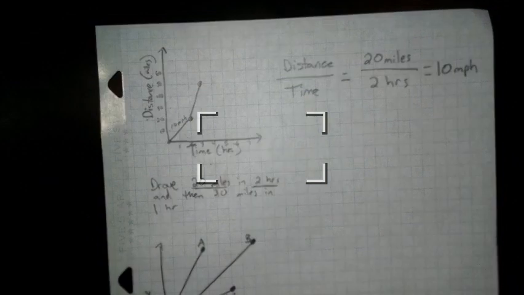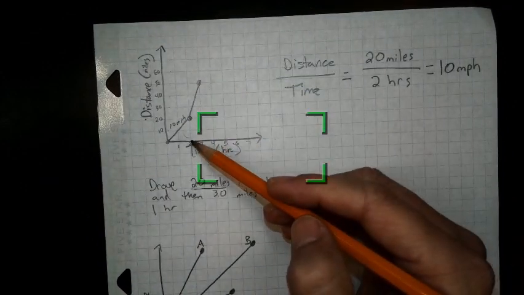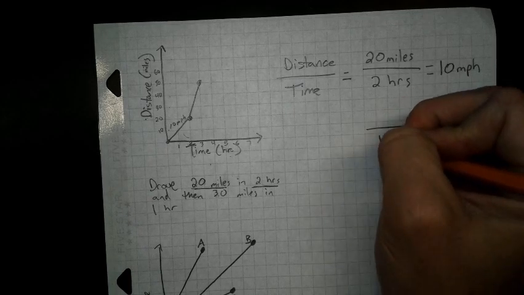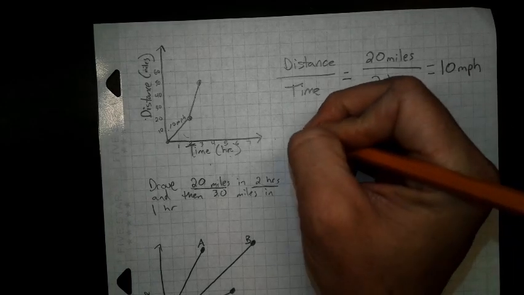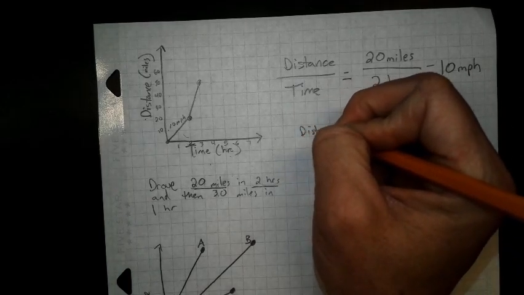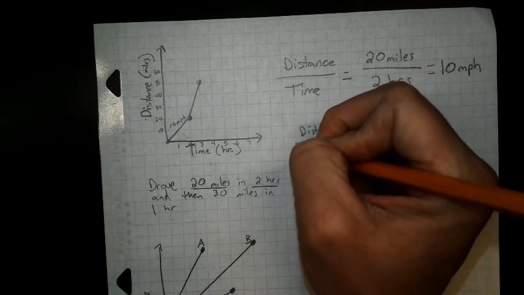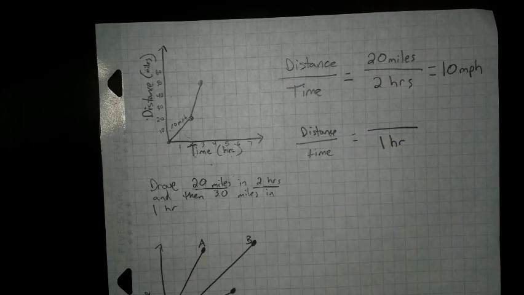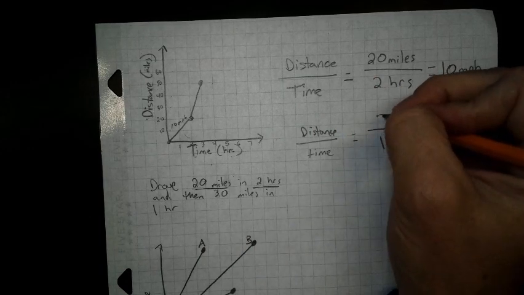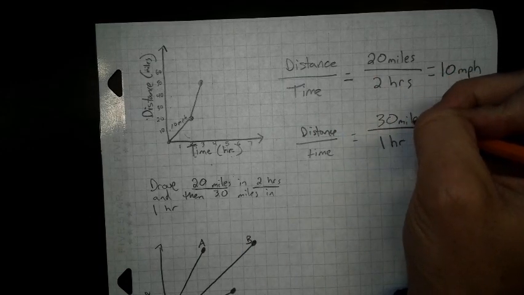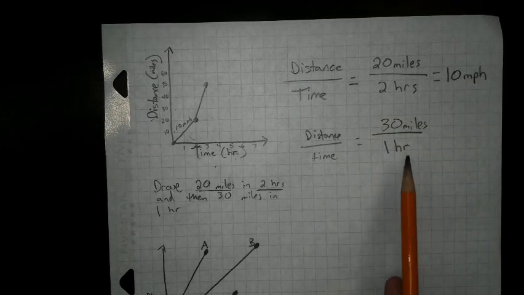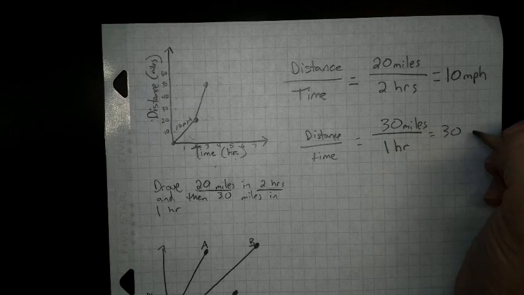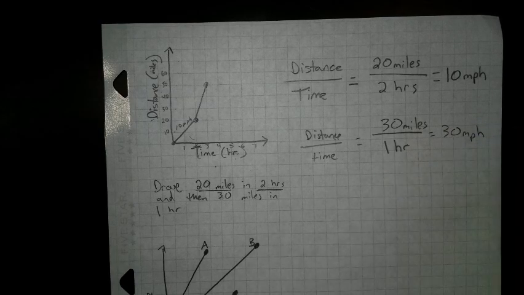All right, let's quickly do the second one. This one only has 1 hour, so our time is 1 hour. Now we're looking at a very easy division problem. It's going to be 30 miles, already basically in its unit form, so we have 30 miles per hour.